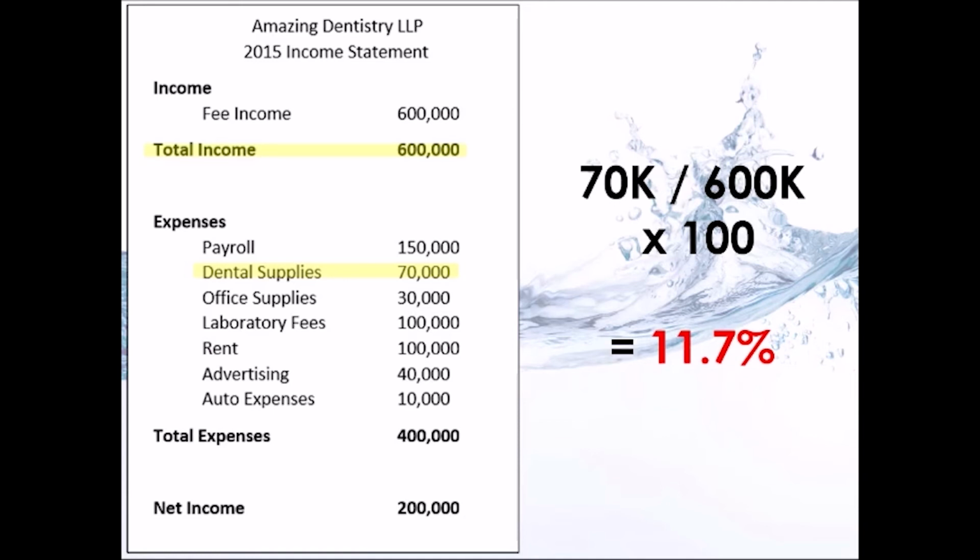So this should tell us, now that we're doing a deeper analysis of our overhead, not just the big number, but getting into these specific costs, that we're having a profitability issue as it relates to our dental supplies.